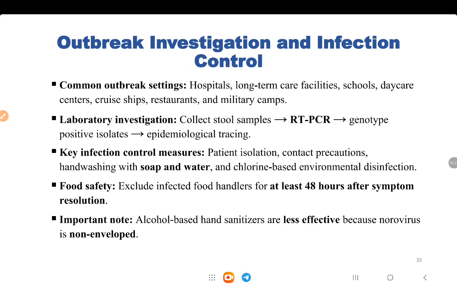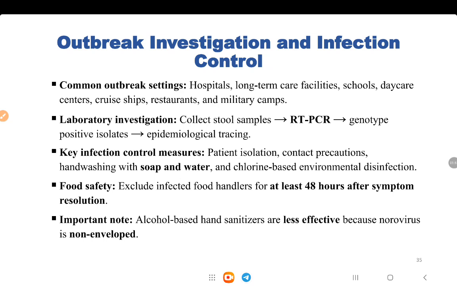Laboratory investigation includes collecting stool samples, performing PCR with genotyping of positive isolates, and conducting epidemiological tracing of the infection.